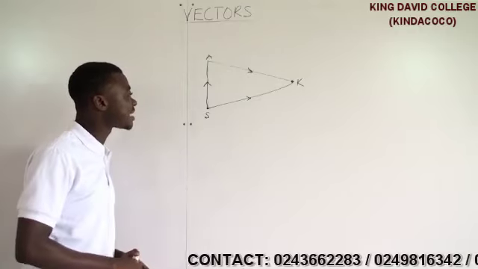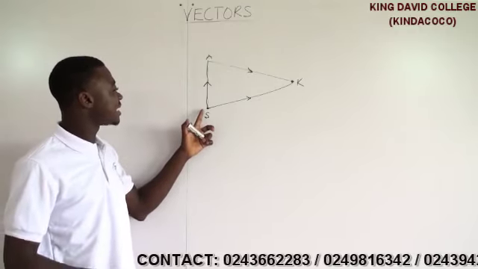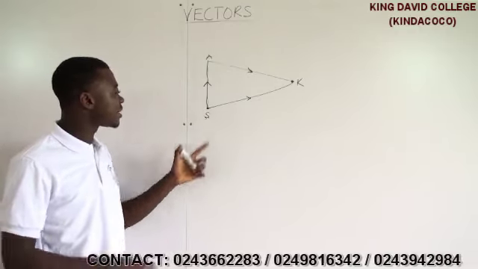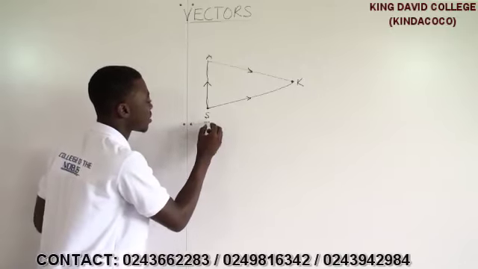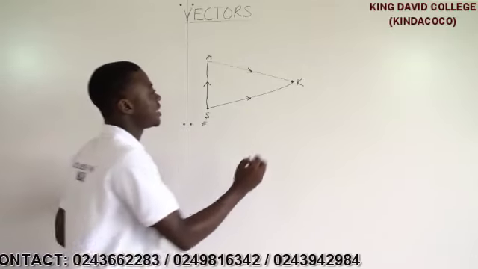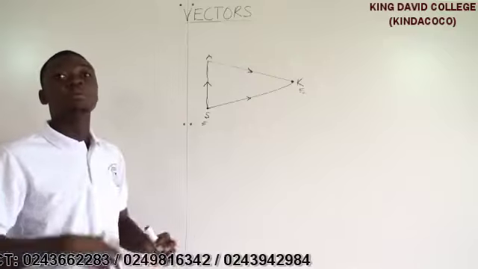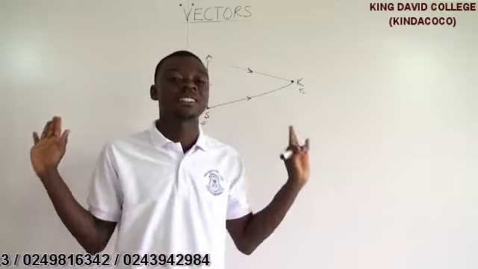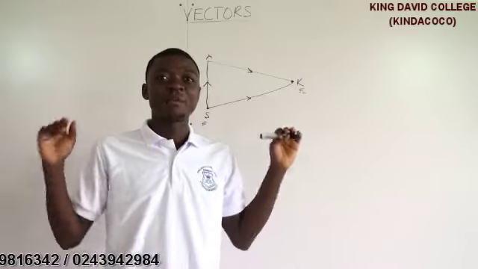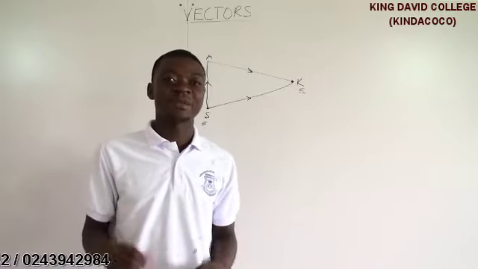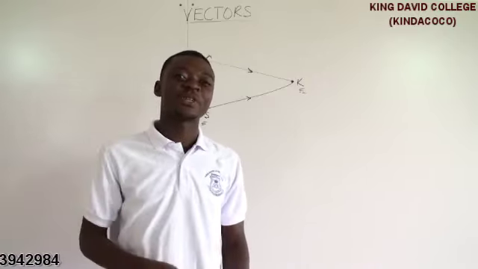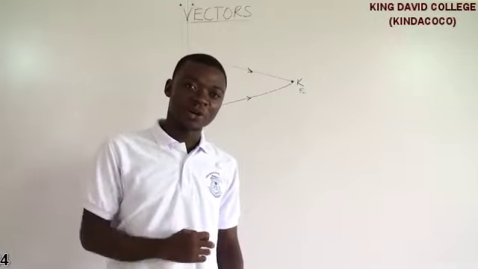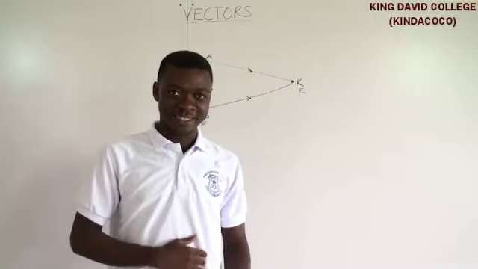So in other words, they are all trying to leave this source or origin to this destination. Both journeys are achieving the same aim. And this is what we call the triangular law of vectors.